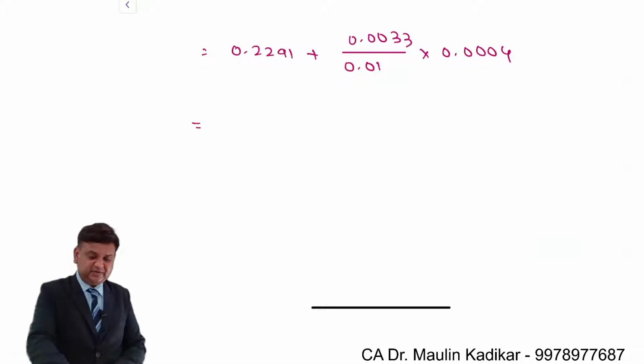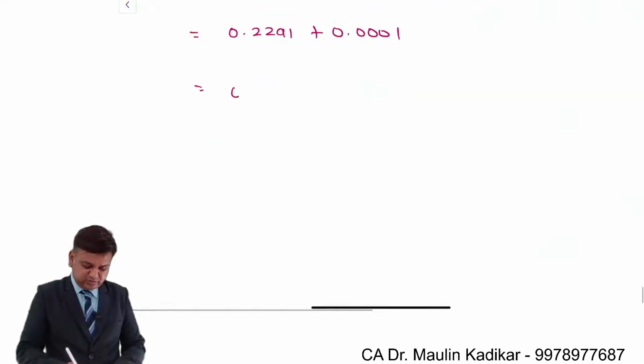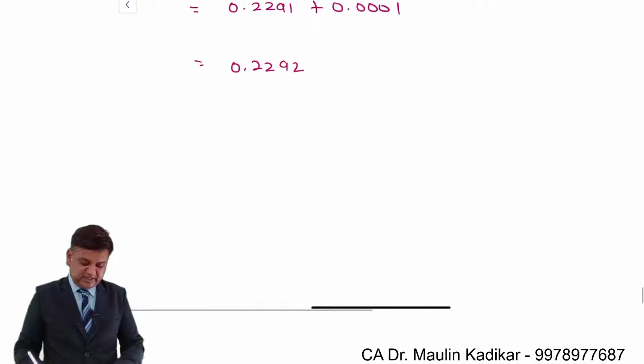This is the way we will have the answer. 0.0033 into 0.0004 upon 0.01. So 0.2291 plus 0.0001. So 0.2292. This is the way we will have 0.6101 reading.